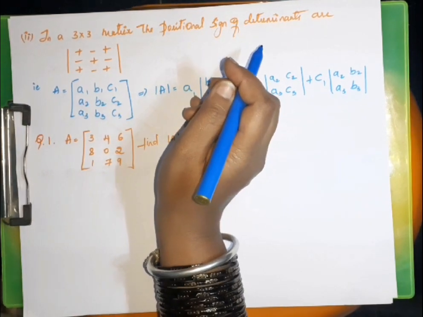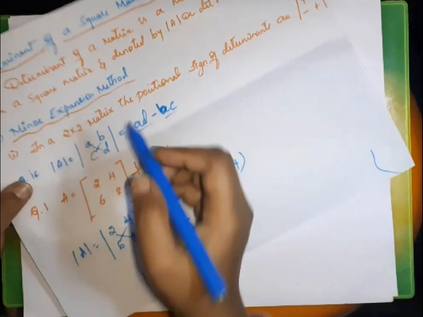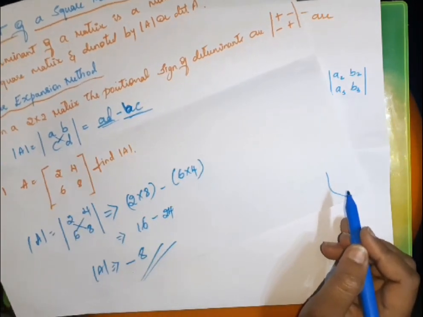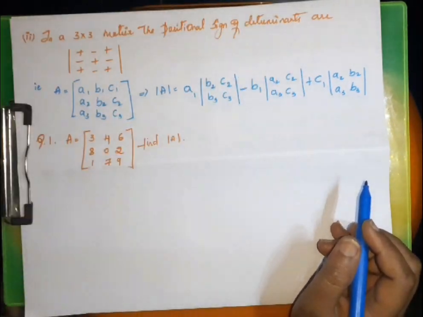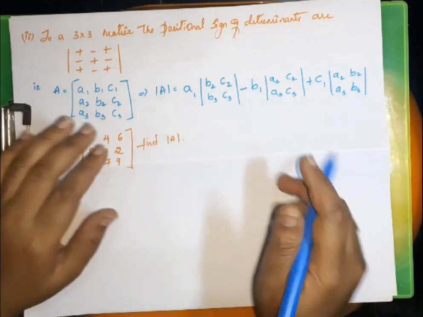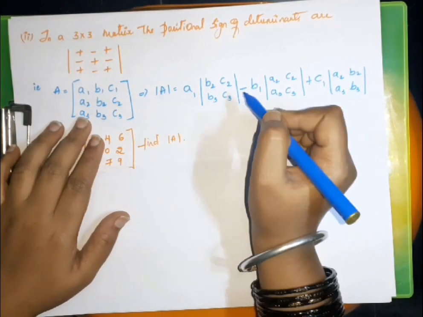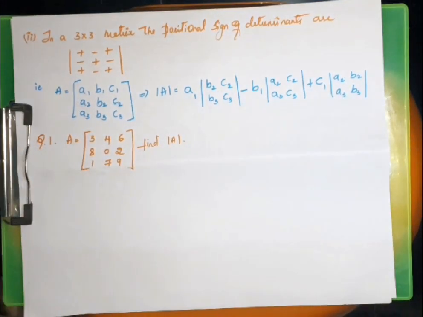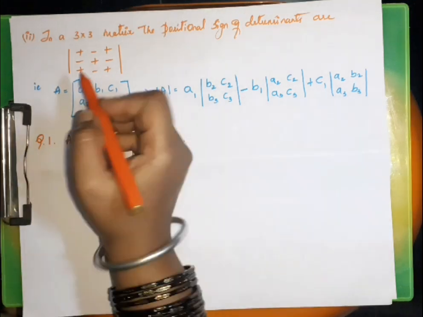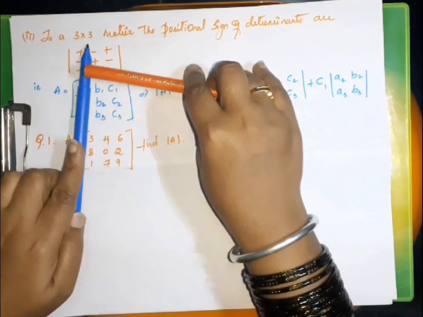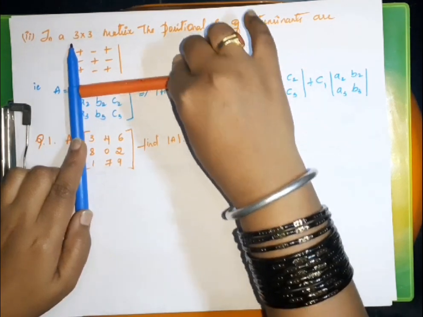See how under 2 into 2 we write it as AD minus BC, very simple, we are cross multiplying. When the order is 3 into 3, what do we have to do? Determinant A is equal to, if you consider the first element, that is A1, eliminate the first row and the first column.